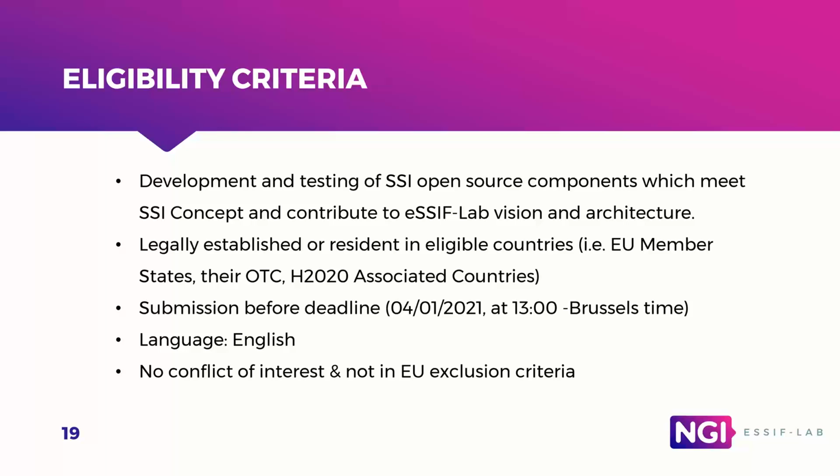Who can apply? Those legally established or resident in eligible countries. This is EU member states, their outermost territories, and the Horizon 2020 associated countries. You were asking before about the British case. This is a difficult one, and as I said, there's a lot of uncertainty. We don't have all the answers either. It will depend on which type of Brexit we finally have.